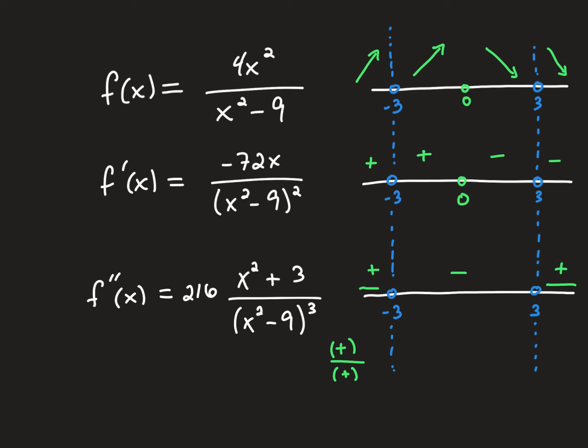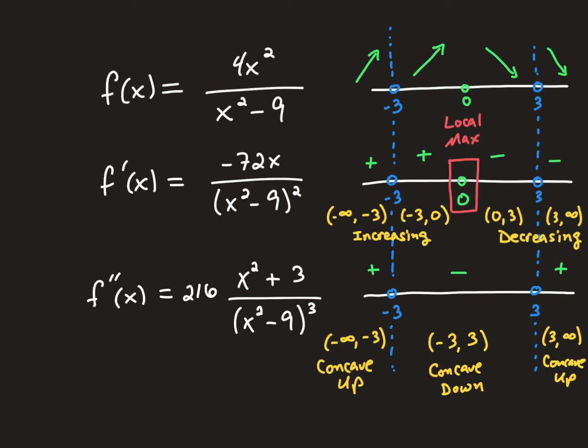All right, so let's summarize that analysis. So we're increasing from minus infinity to minus 3. We have to remove the vertical asymptote. And then we're increasing from minus 3 to 0. And then we're decreasing from 0 to 3, and then decreasing from 3 to positive infinity. Again, we have to take out the vertical asymptote. So if we're increasing, then decreasing, that makes this a local max.